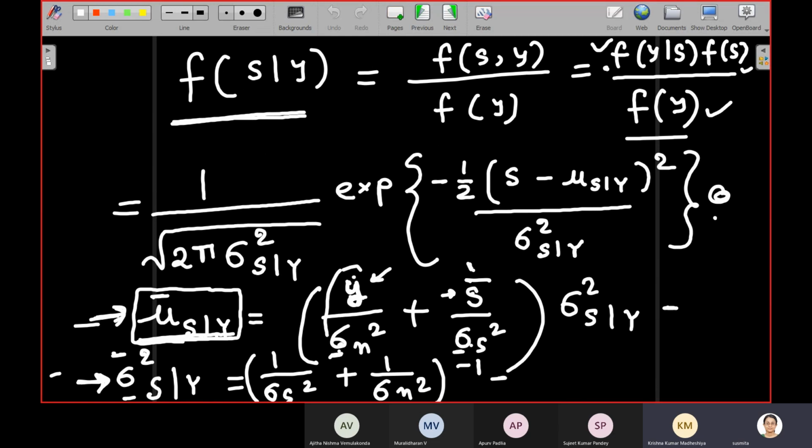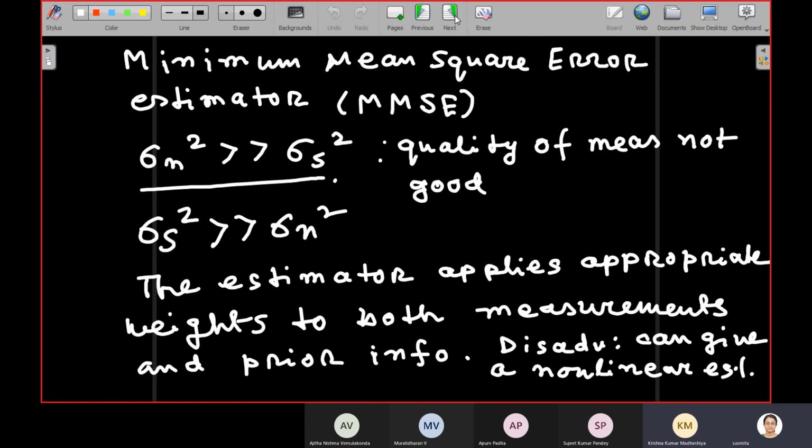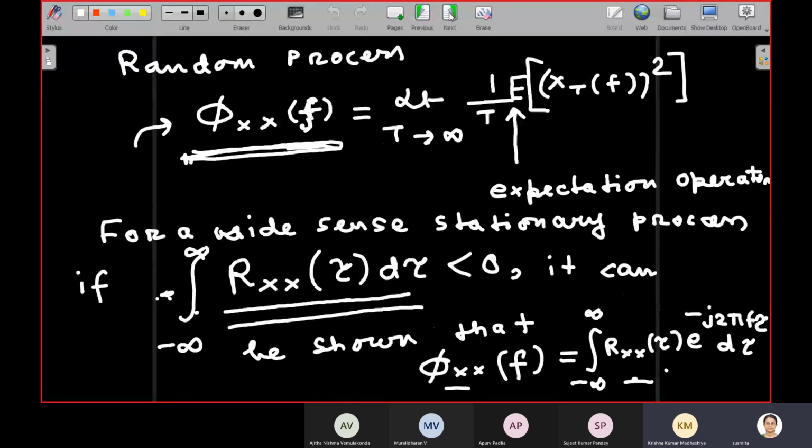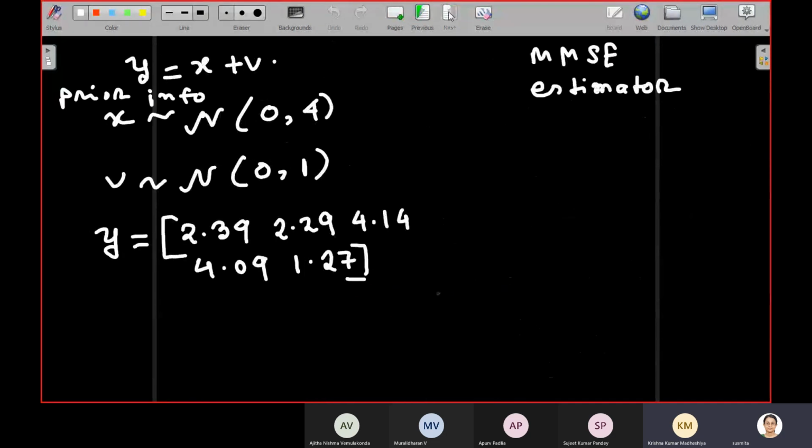So this is the estimate. This is the conditional mean. This is the expression of the conditional mean. And this is also the minimum mean square error estimate. Yesterday we proved in the class that the conditional mean is the minimum mean square error estimate, right? So we need to follow that approach and find the conditional mean.